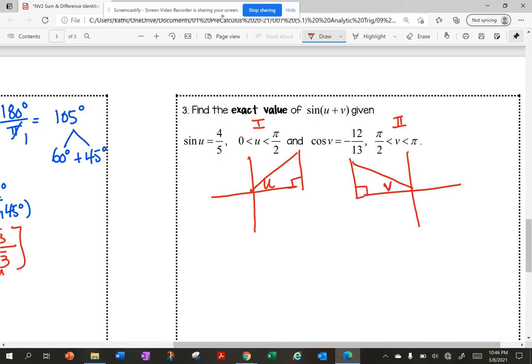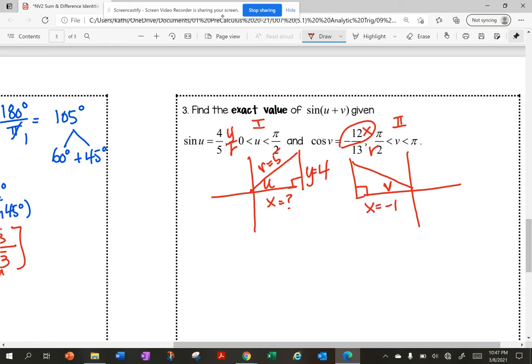Sine by definition is y over r. So I know y is 4, r is 5, and I need to solve for x. And cosine is x over r, so I know the negative sign goes with the x because the radius is always positive.